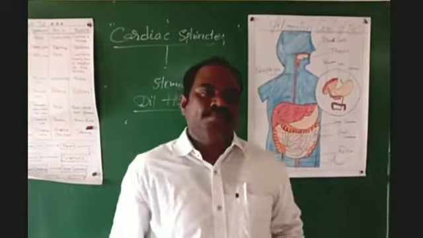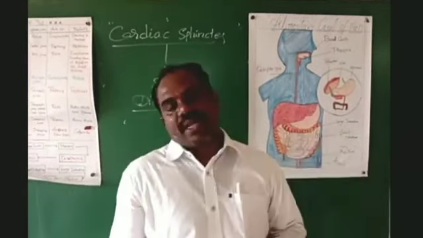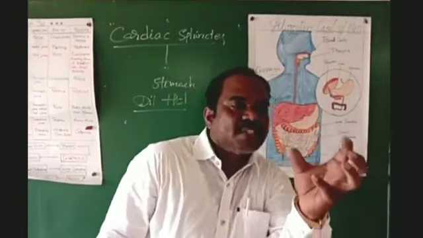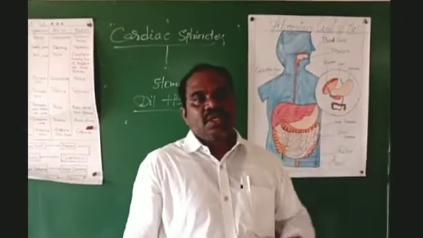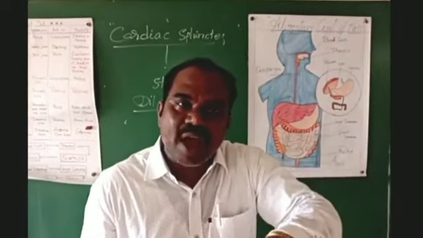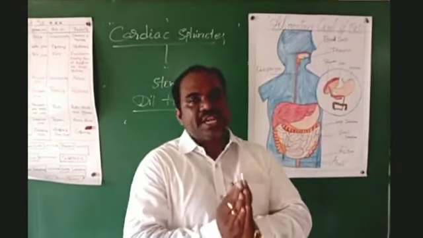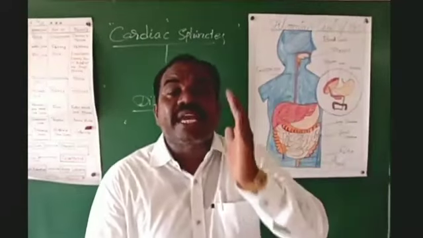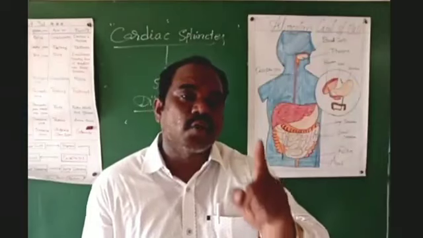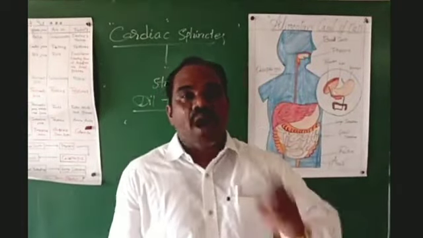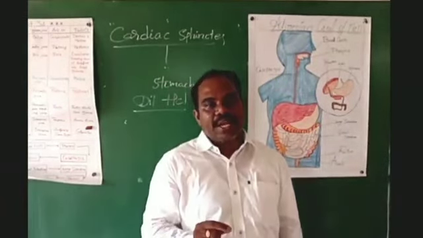In our stomach, a sphincter is present, called the cardiac sphincter. The cardiac sphincter opens and closes. It regulates the food materials, allowing them from the esophagus to the stomach. In the stomach, gastric juice and diluted hydrochloric acid are secreted from the walls of the stomach. What is the use of diluted hydrochloric acid?